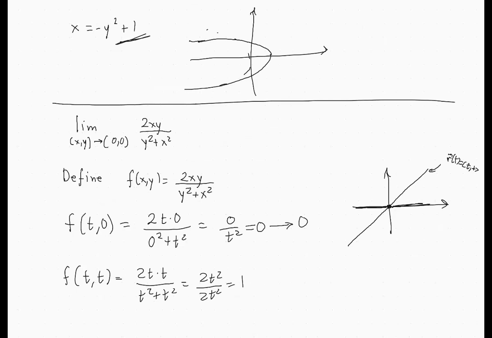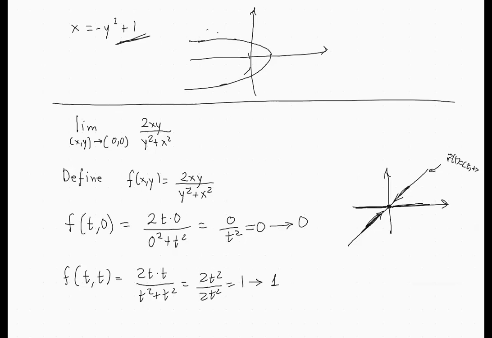This means that if you try to approach the point along this line, you get the impression that the limit has to be 1, unlike the case where you were approaching along the x-axis, where you thought that the limit was 0.